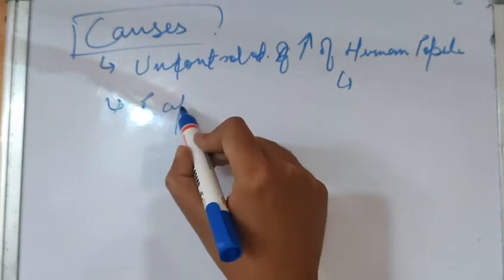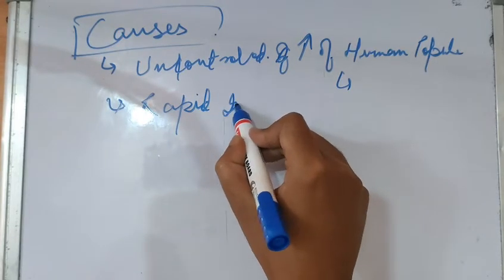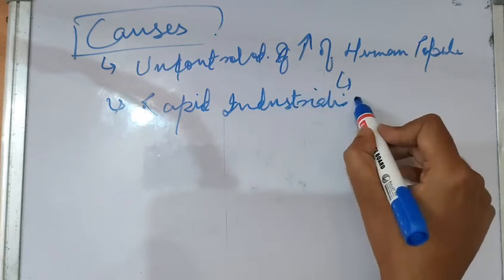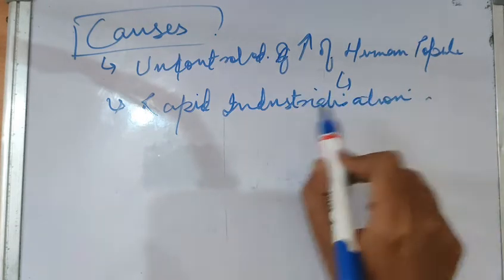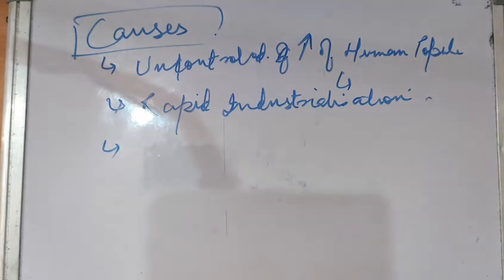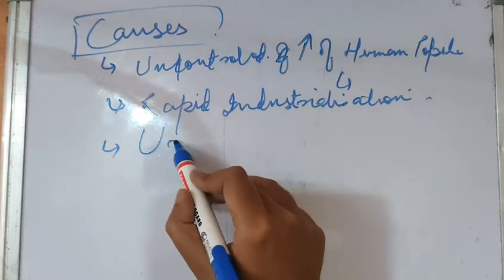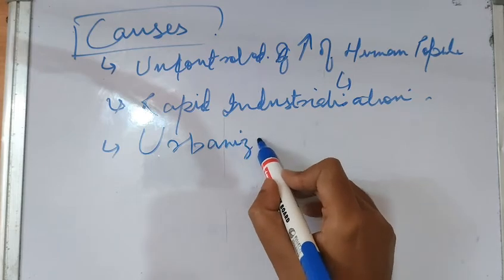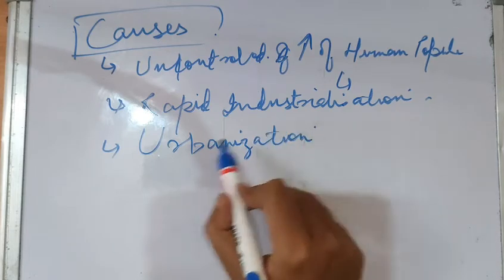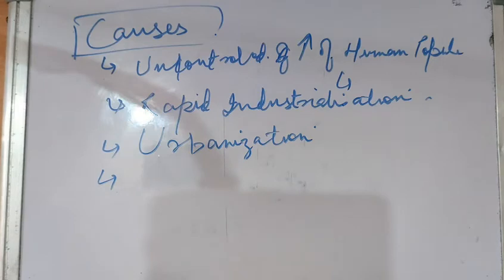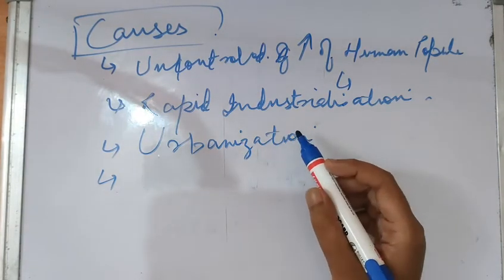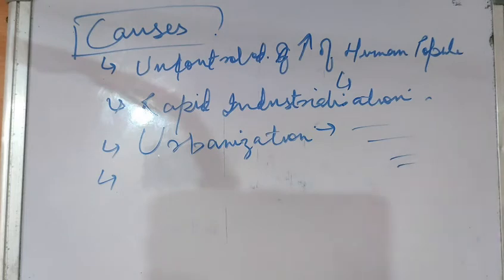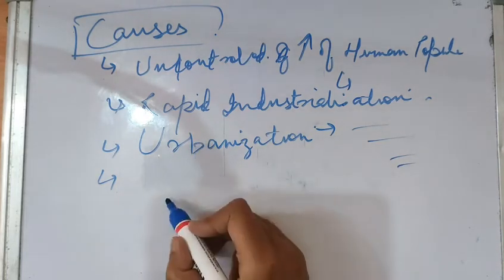Rapid industrialization. Industries are expanding in huge amounts into untouched areas, which is causing concerns to our environment. Then there is urbanization, more and more growth of urban areas, leading to high municipal waste and high domestic waste, all degrading our environment.